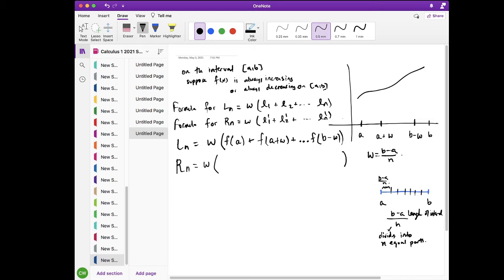So speaking of which, where do you start for your right approximation? Which F do you start with? A plus W, yeah.